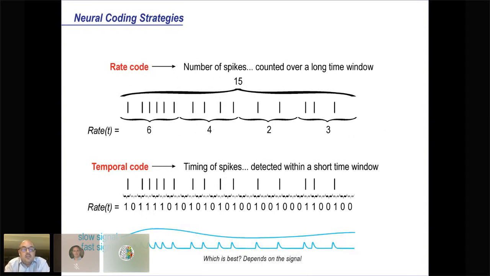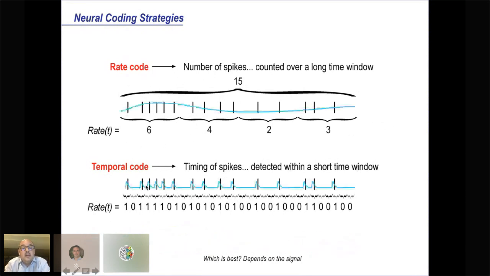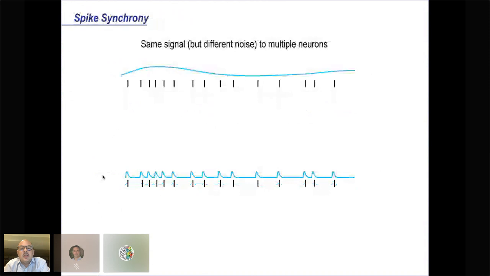If I told you that it was a slow signal responsible for the spike train we're looking at, and in fact we have exactly the same spike train in these two examples, I think most of you would agree that using this wider bin is appropriate for capturing the fluctuations in the intensity of the slow signal. Whereas if you wanted to capture the occurrence of these very brief events and resolve when those events occurred, then you'd want to use the much narrower time window and resort more to a temporal code.